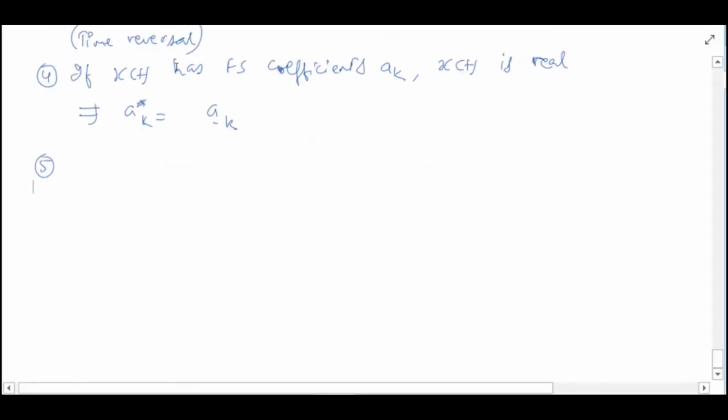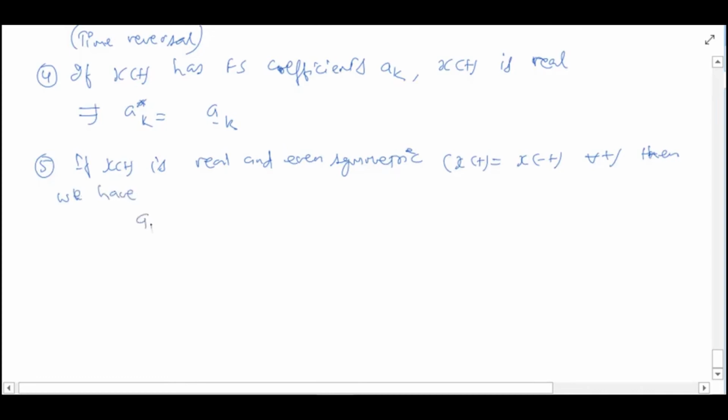Finally, if x(t) is real and even symmetric, where by even symmetric I mean x(t) is the same as x(minus t) for all t, then we have a_k equal to a_k star for all k, that is, the a_k's are real.